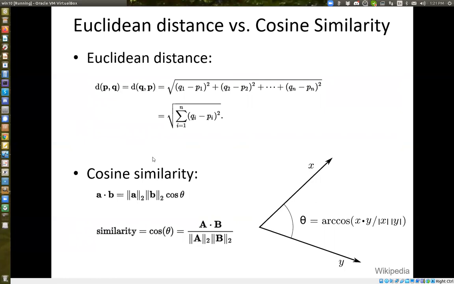Actually, a better way is often to use the cosine distance instead. Cosine similarity is just computing the dot product basically, and in that case, if the value is bigger then it's more similar. So you want to look for the one that has a bigger value.